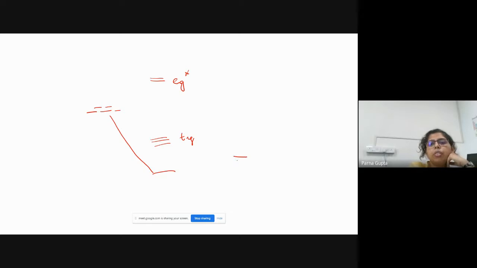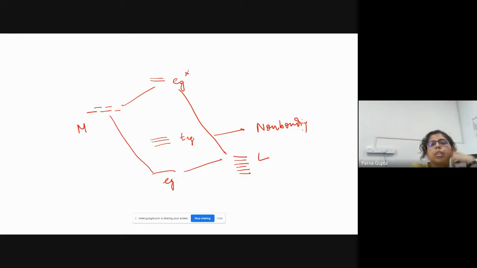Here you have this one, right? So this is Eg, ligand orbital metal, right? And this T2g we told non-bonding. And this is anti-bonding.